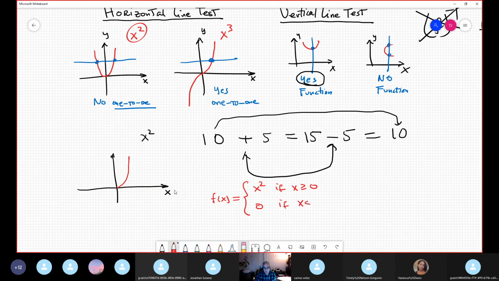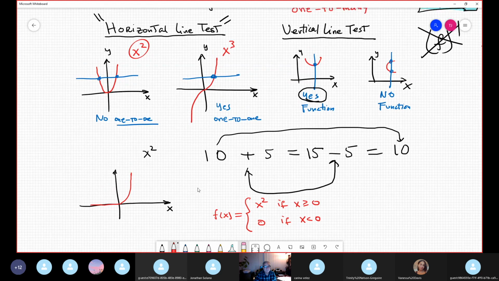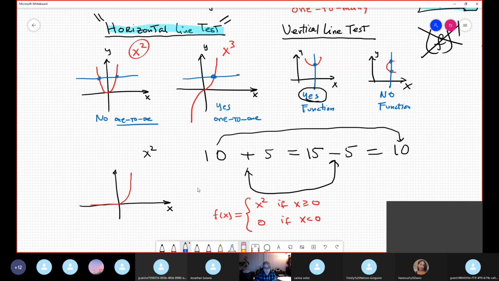Because actually, that part is 0. Okay, this new red function passed the horizontal line test or failed the horizontal line test? Pass or fail? Answer me. Pass, because when you are doing the horizontal line, it crosses one point.